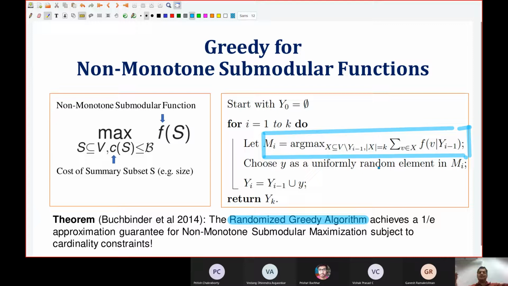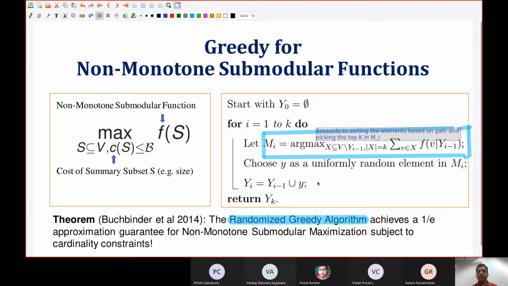So you're basically finding the next k elements whose total gain is max, like sorting the elements by gain and picking the top k in M_i at this stage.